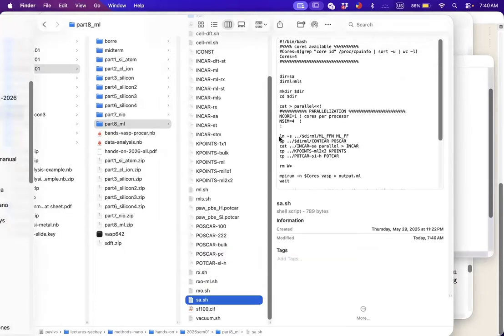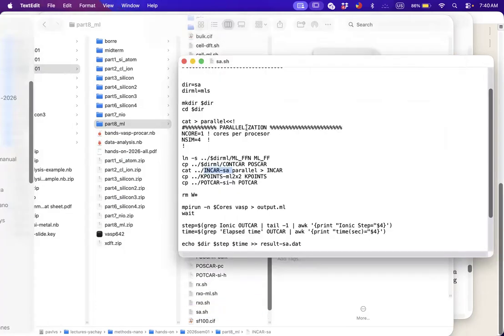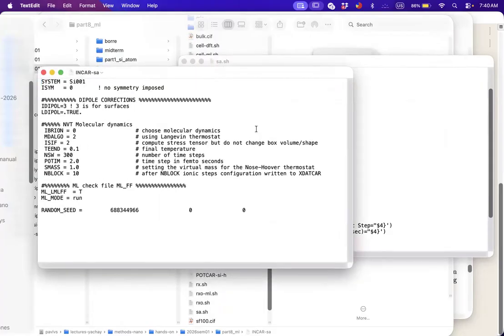Look at this INCAR SA. I switch off the symmetry because I don't want to impose any symmetry constraints. I use IDIPOL, always very important. On surfaces, you always have to have this tag.